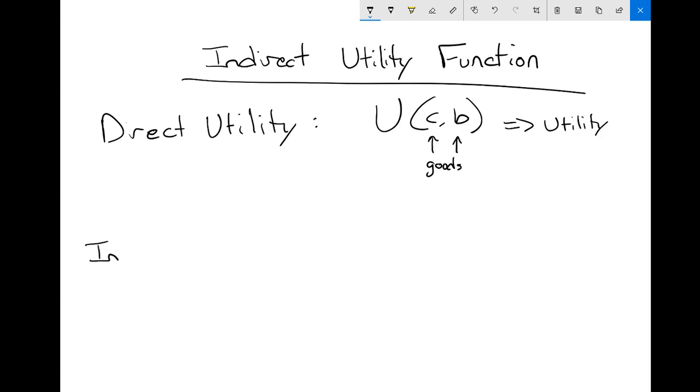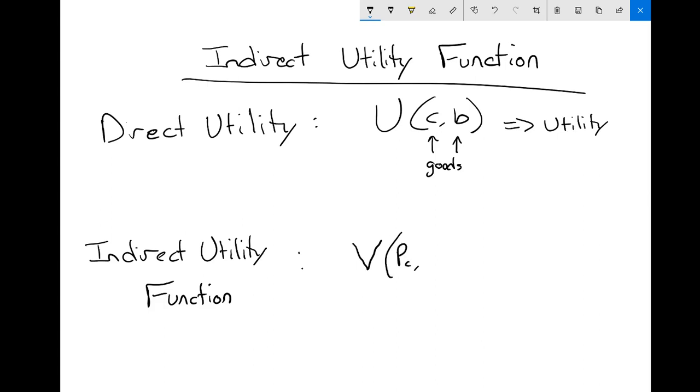The indirect utility function, sometimes we use the letter V when we're referring to it, is now a function of just the parameters, not of the original variables.